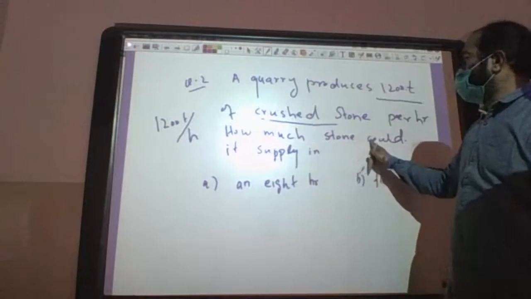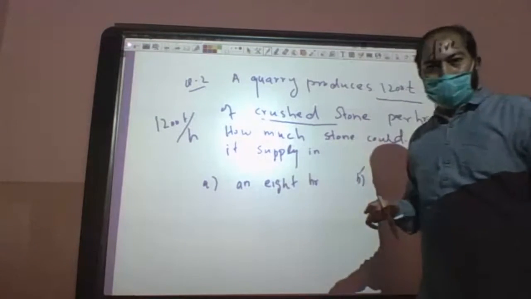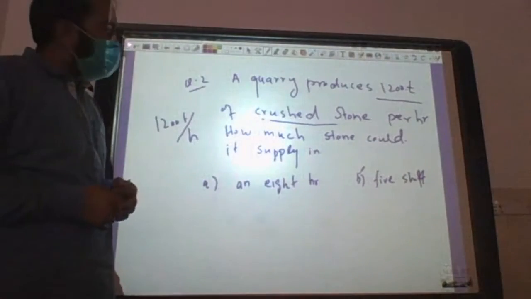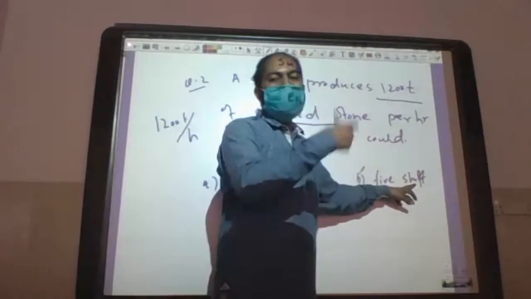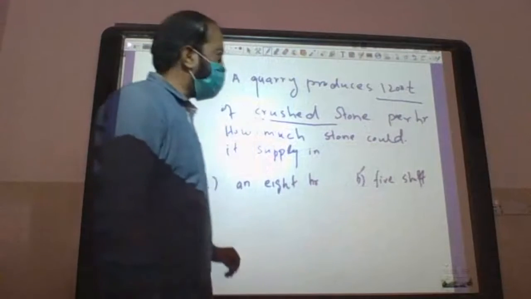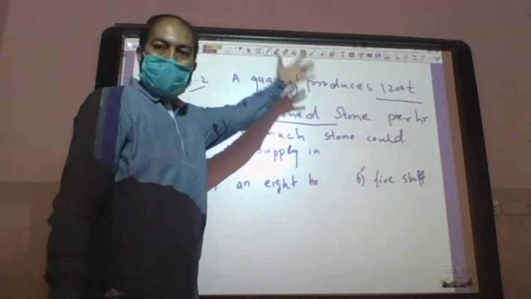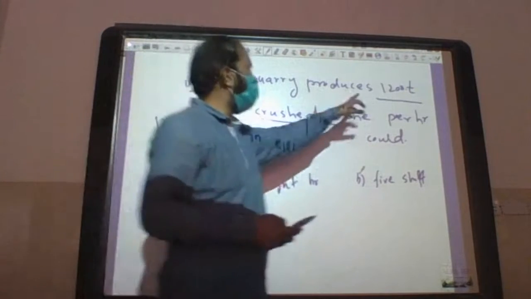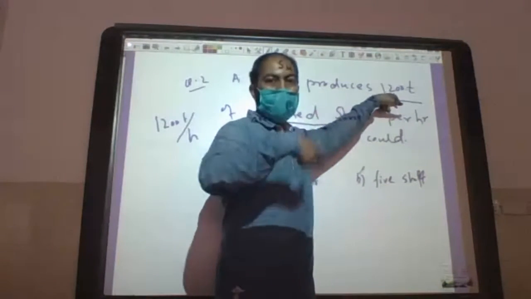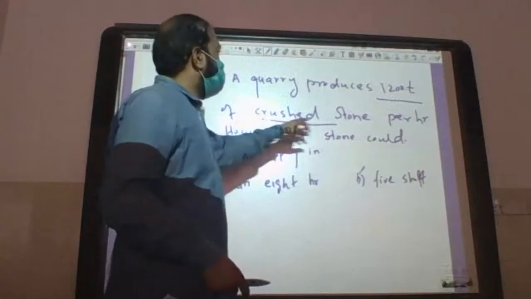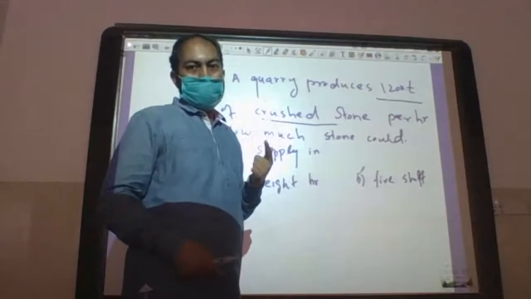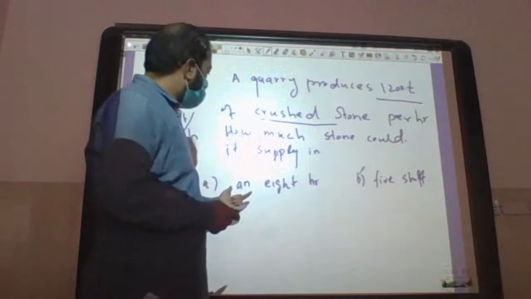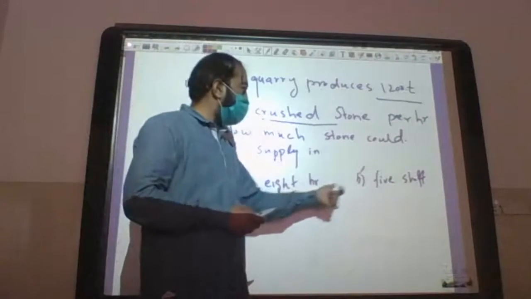How much stone would it supply in an 8-hour shift and a 5-hour shift? Two questions are there. First they give you the rate, then they ask a different question. 1200 tons of crushed stone in 1 hour is its production. Now the question is an 8-hour shift and a 5-hour shift.